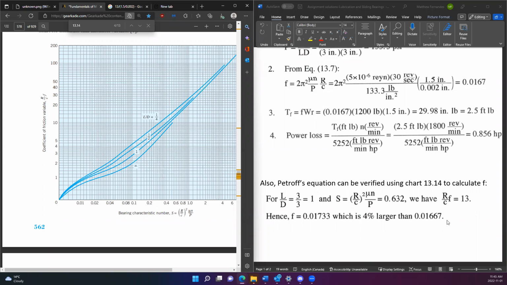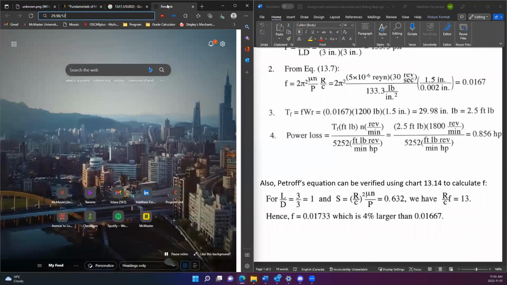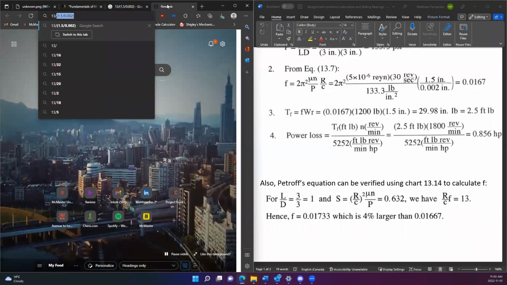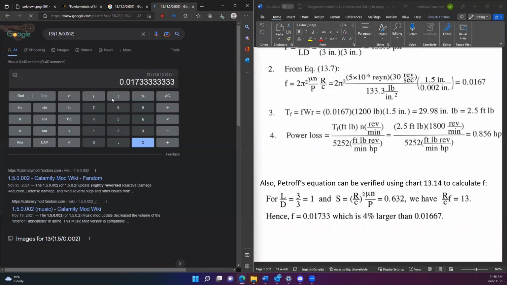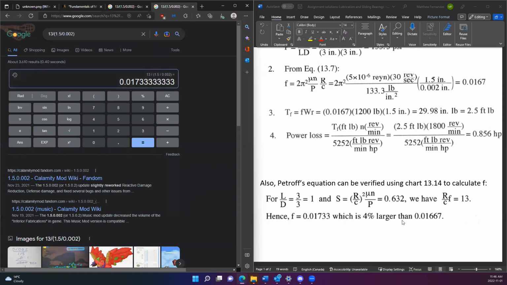We take 13 divided by 1.5 divided by 0.02, and you get 0.01733. That's how you got f equals 0.01733, which is 4% larger than 0.0167.